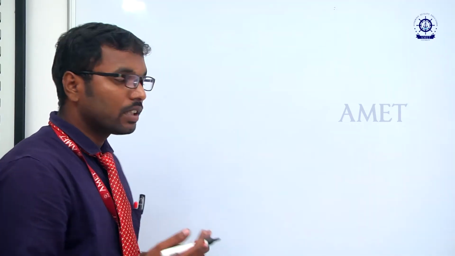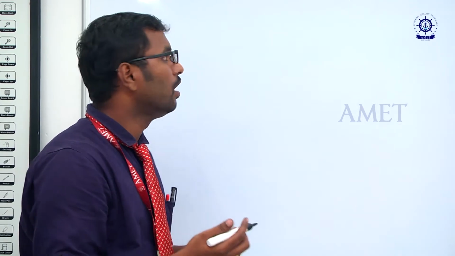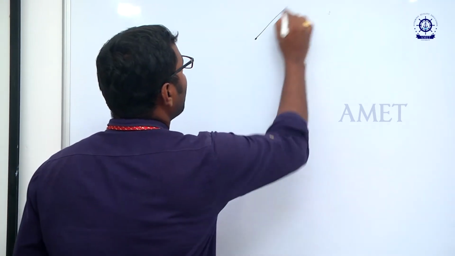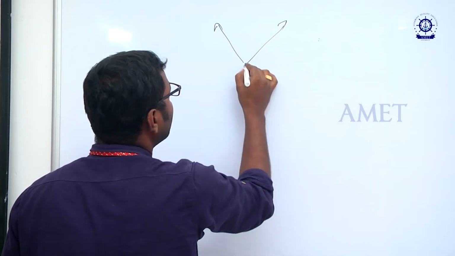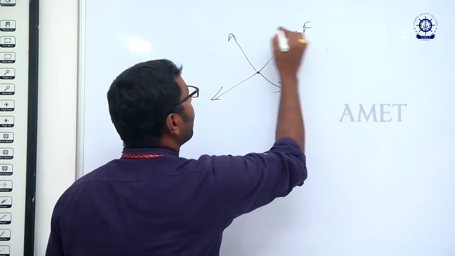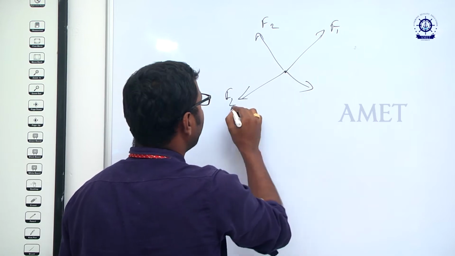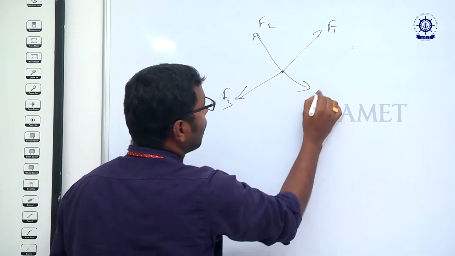In case a single force is acting on a body, it is very easy. Suppose n number of forces are acting on a particle, we need to follow some other procedure: F1, F2, F3, F4.